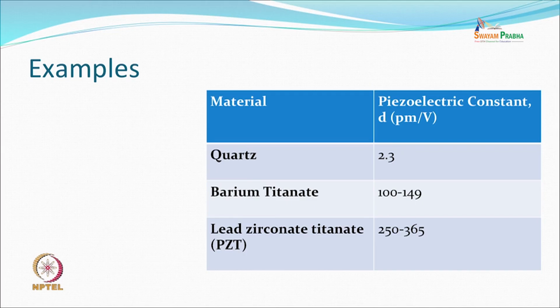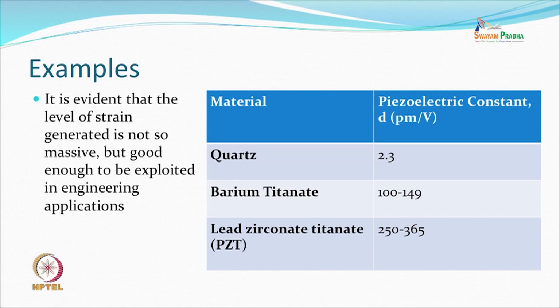Most of the engineering applications may be using PZT based sensors. From the values that we see per unit voltage, that change in dimension is not very significant, it is small, but we can still exploit it wherever, for example, in our drop on demand type of situation where we do not require very large displacement of the volumes.